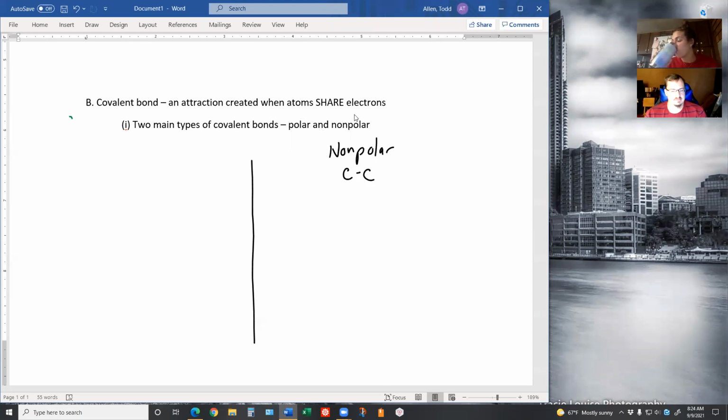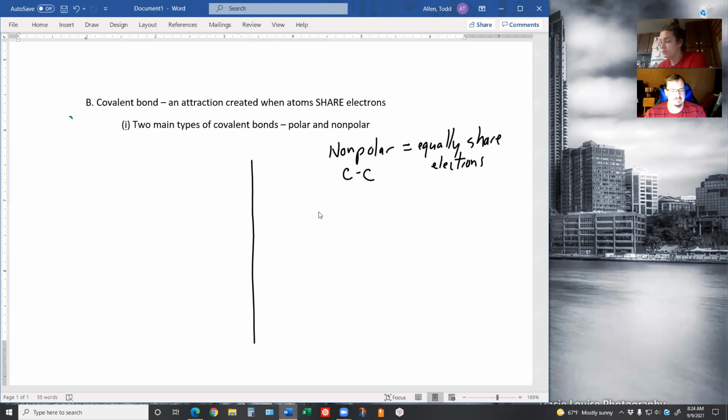Now, nonpolar means that the atoms participating in the bond equally share the electrons. Equally share the electrons.